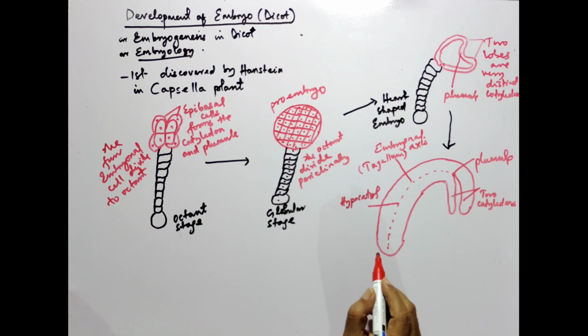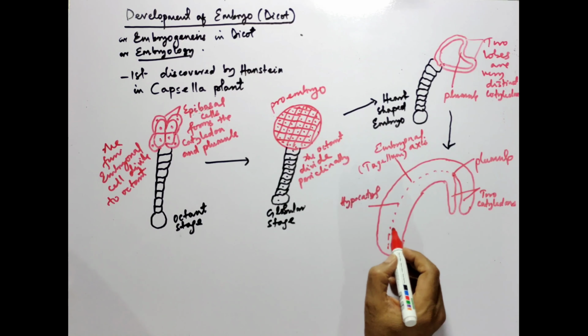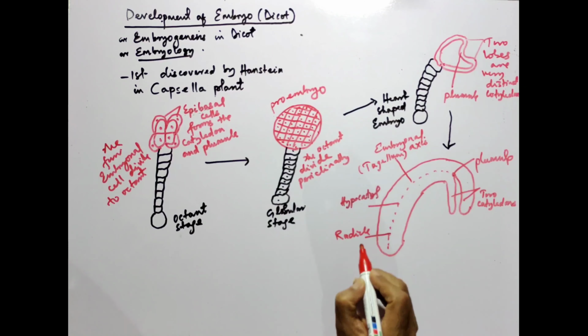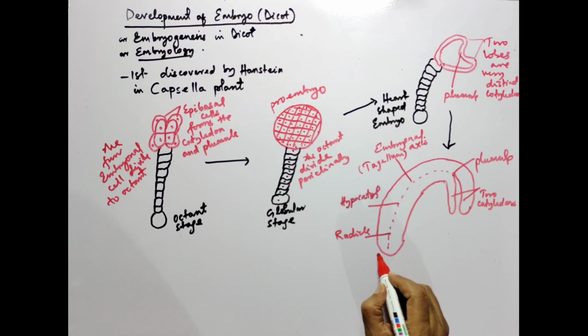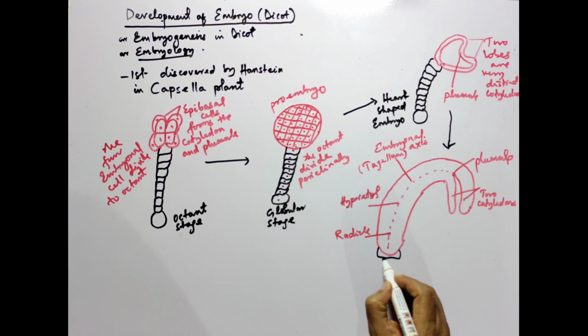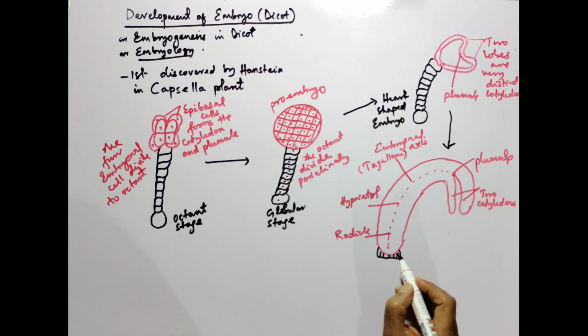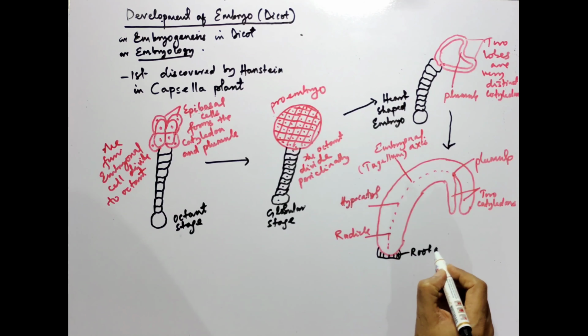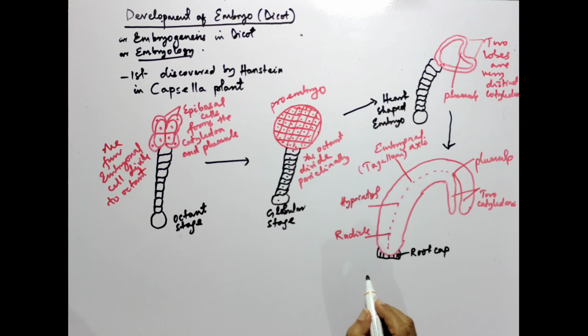which lies just below the cotyledon. When the embryo germinates, this gives rise to the radicle, which later on gives rise to the root system, and this posterior part forms the root cap.